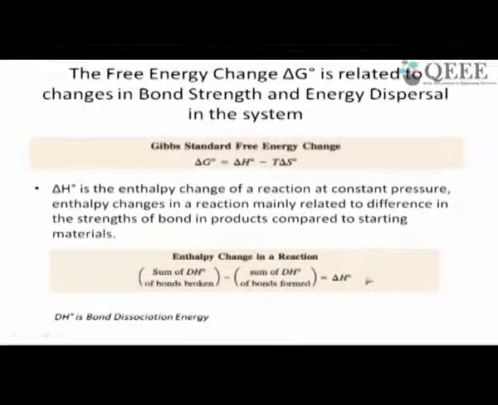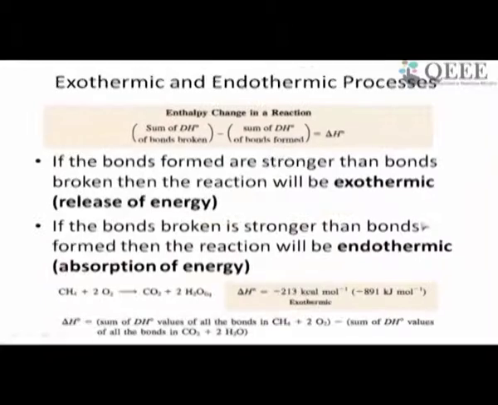So the difference will tell you the delta H. Since the negative sign is already put, you have to use both the dissociation energy of the bonds broken here, and also the dissociation energy of the bonds formed here. The difference will give you the delta H value. Most often, just by seeing the delta H, you can tell whether the reaction will work or not, because the delta S contribution is very small at room temperature for most reactions.